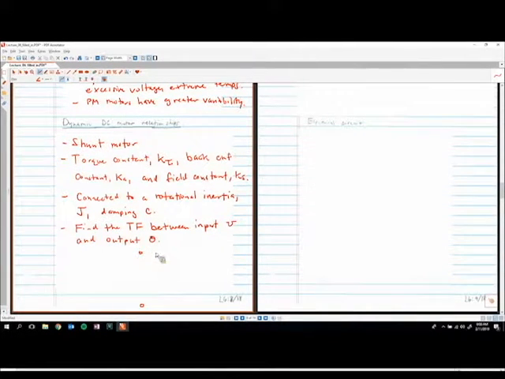So that means I have terminals, which I can put a voltage across, positive and negative. And then from these terminals, I have two circuits in parallel, the armature or rotor circuit.